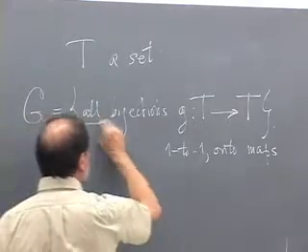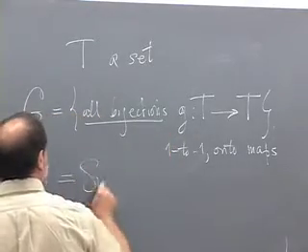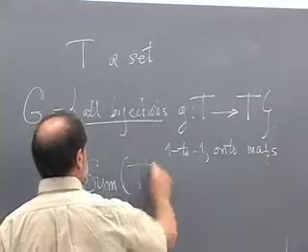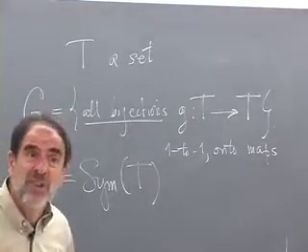All bijections. Then that's a group, but sometimes I'll denote it by the symmetries of T, or the symmetric group of the set T.